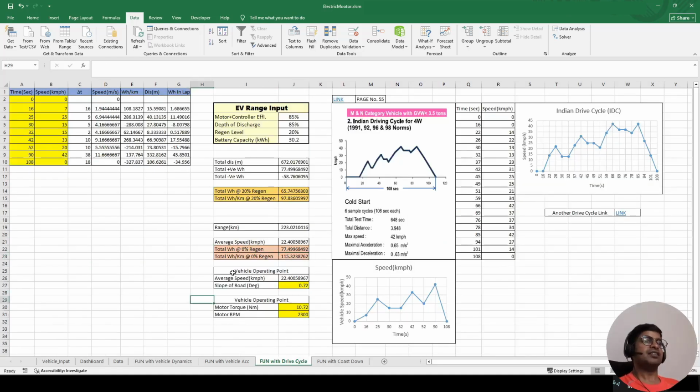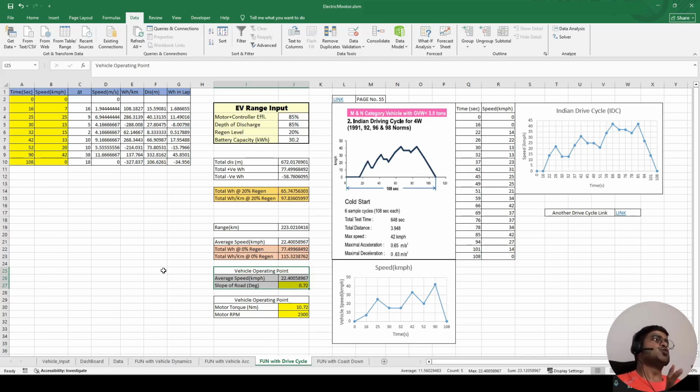So this is the vehicle operating point, a single event which summarizes the entire drive cycle. What is that single event? The vehicle going at a speed of 22.4 kmph on a road with an inclination of 0.72 degree.